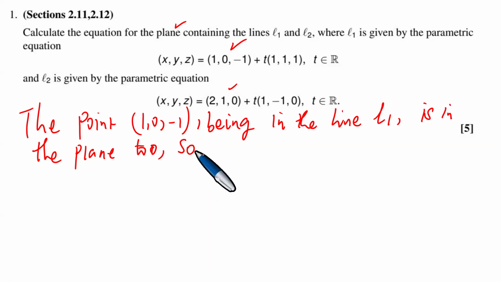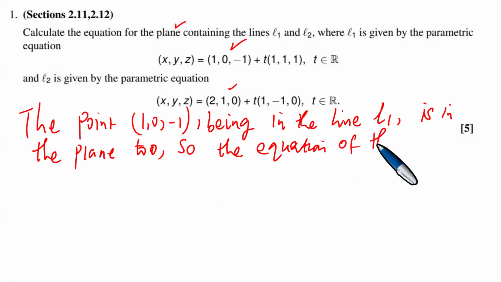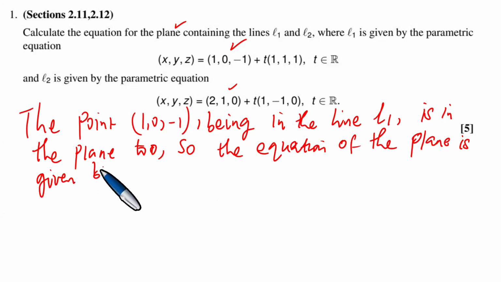So the equation of the plane is given by.